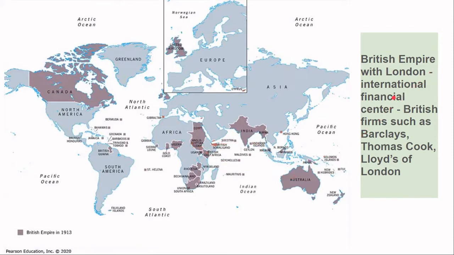Right until today, London is an international financial center. British firms such as Barclays, Thomas Cook, and Lloyd's started from that point in time. This is the first stage of the international monetary system's development.